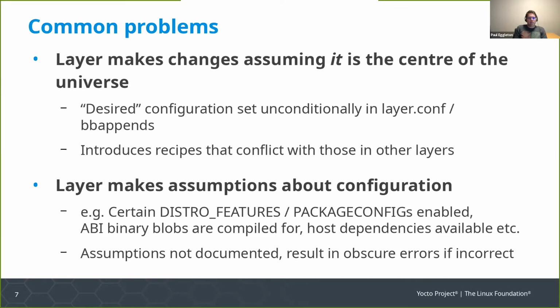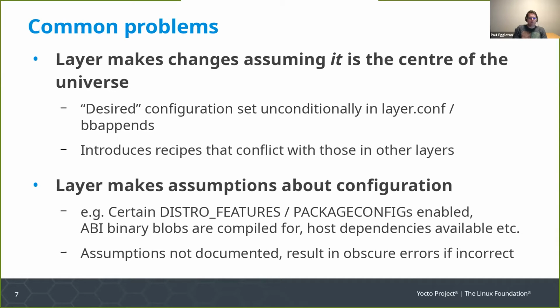Secondly, the layer might be making assumptions about the configuration in which it's being put into. Perhaps it has been set up to expect certain distro features to be enabled, maybe certain recipes that it depends on from other layers. It expects certain package configs to be set in those recipes.